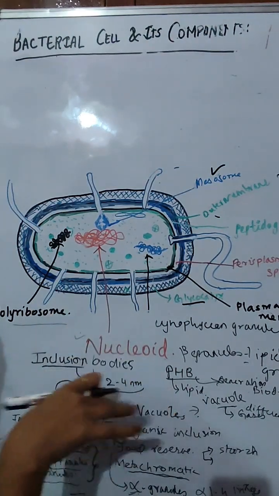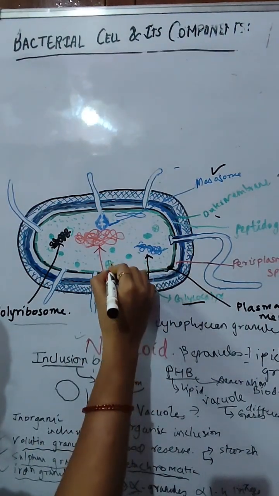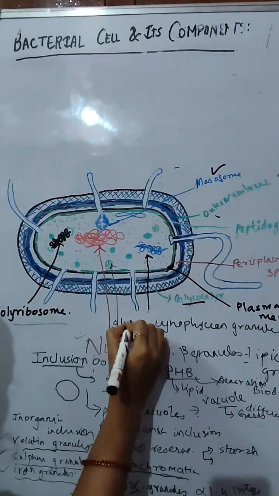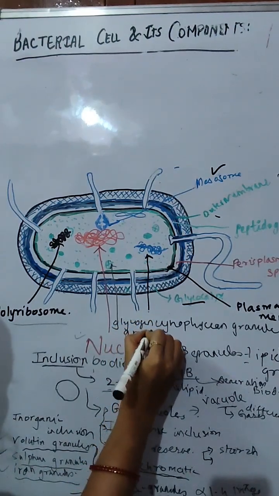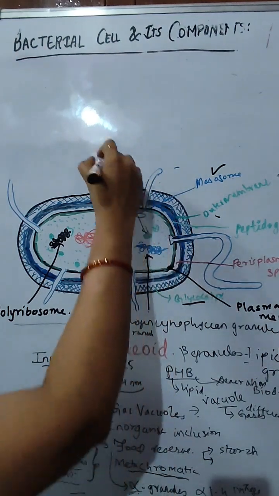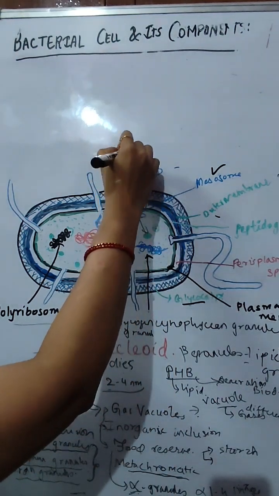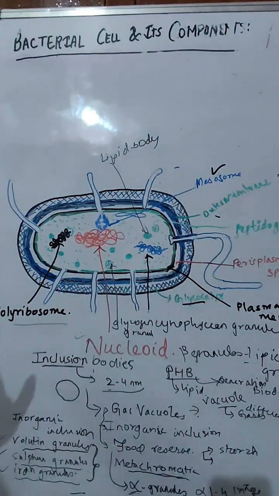So this was about inclusion bodies. Here you can see glycogen granules. In this diagram, this is the glycogen granule. This is the lipid body. Okay, so this was about inclusion bodies.